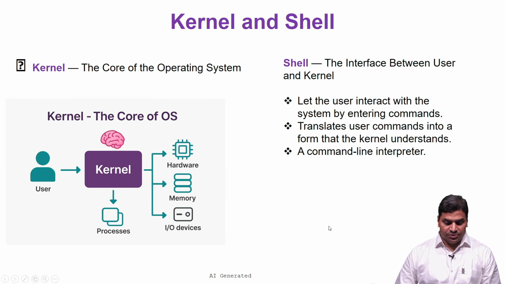The kernel is the core of your operating system, and the shell provides an interface between user and kernel. Due to its existence, users are able to interact with the system by entering different commands, and the shell translates the user's command into a form that the kernel can understand, and this happens through a command line interpreter.